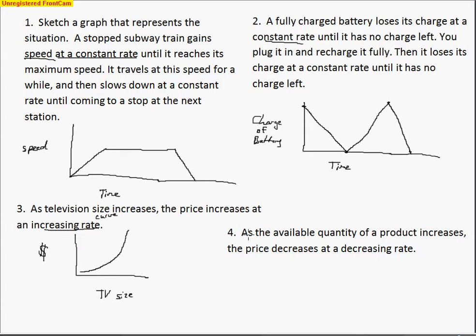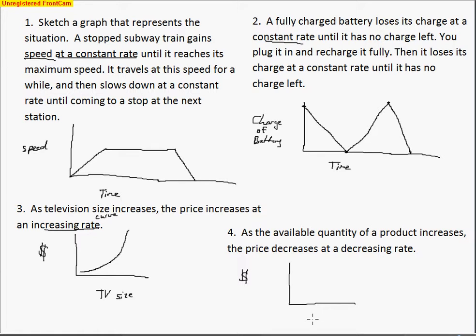So on this next one it says, as the available quantity of a product increases, the price decreases at a decreasing rate. So we'll go ahead and sketch the coordinate plane. And on this one they're talking about the availability of the quantity of the product and the price decreases. Okay, so they're comparing price here to the available quantity.